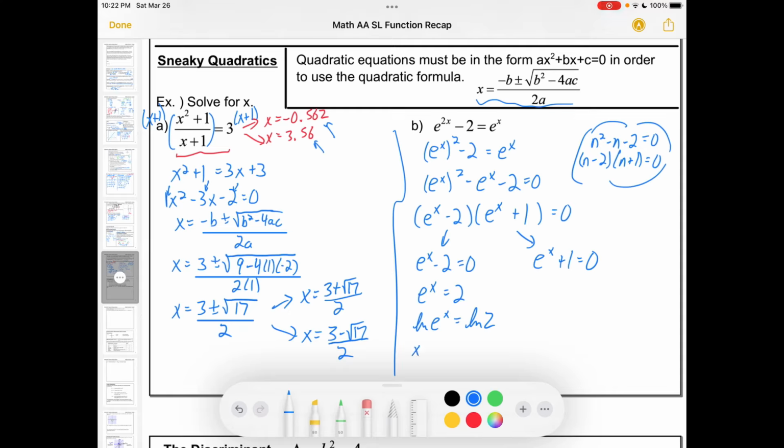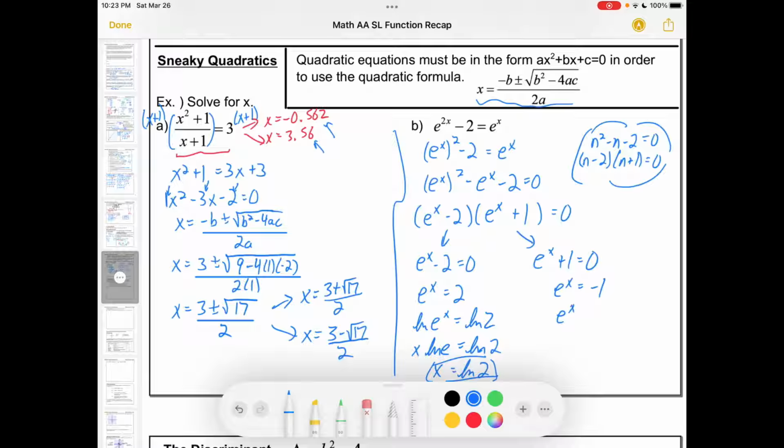You can use the power law of logarithms, and if you haven't done logs yet, then obviously don't worry about this. But this presentation is kind of intended for the end of the course, so hopefully at the end of the course you have seen some logs. So x could be ln 2, and this would give us e to the x equals negative 1.